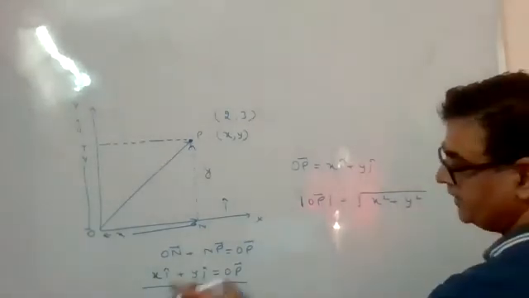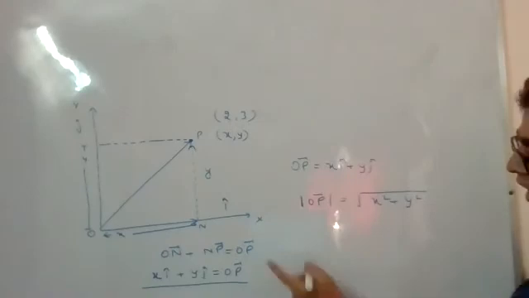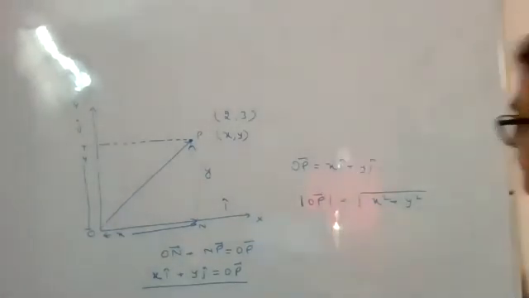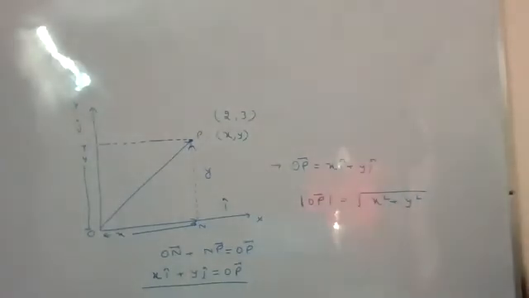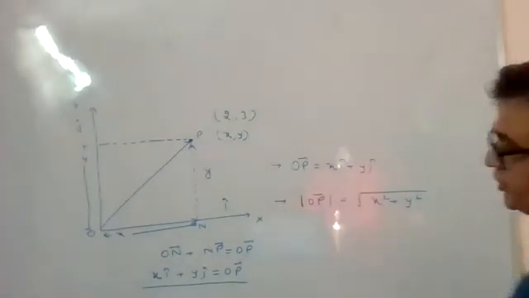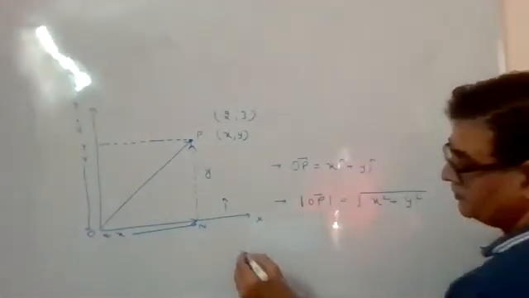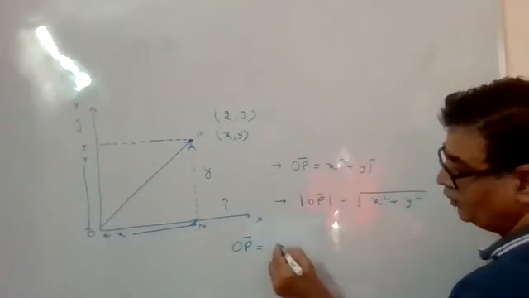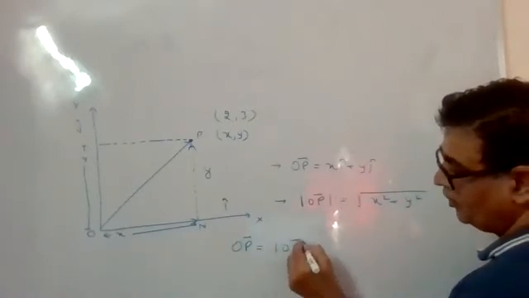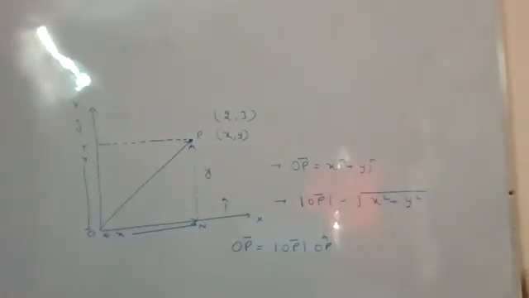This is the vector representation, and this is its magnitude. Here one more thing you should remember: any vector, I told you, can be written as the magnitude of OP into its unit vector, OP cap.